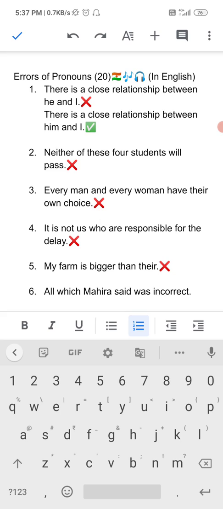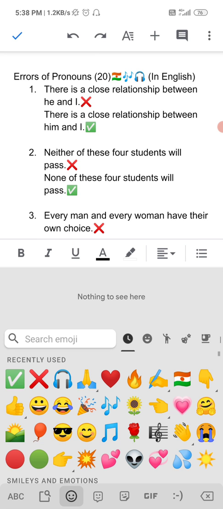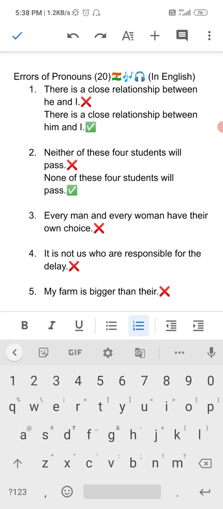So in the negative sense, we have to use none in place of neither, because neither goes with two entities and none goes with more than two entities. So replace neither with the word none. None of these four students will pass. This is correct.